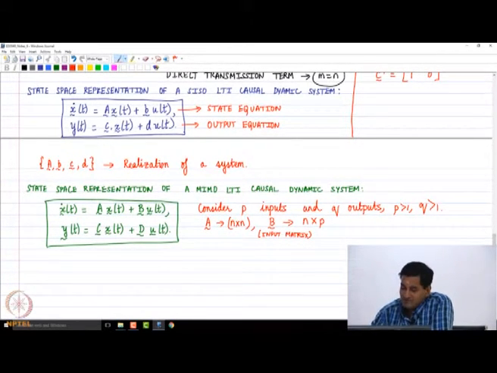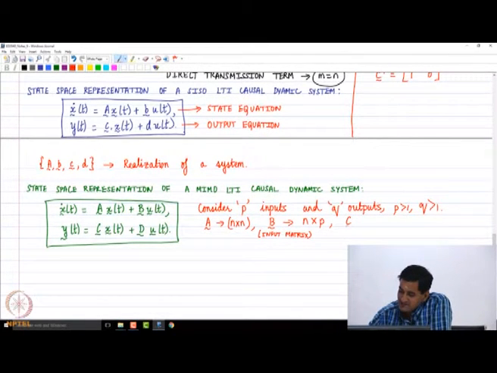Because u is a vector of dimension p, as there are p inputs, you must have p columns in B. The product gives you the vector x dot, which is of dimension n, so the number of rows in B should be n. That's why we get the size of B to be n by p.